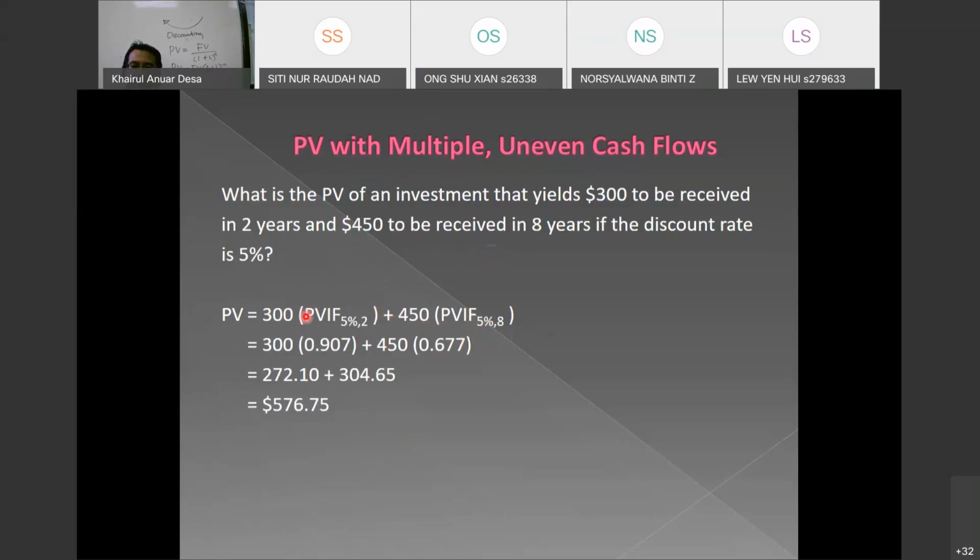This is the method we use to calculate. This is from the table. You just refer to 5% and 2 years, and 5% and 8 years.